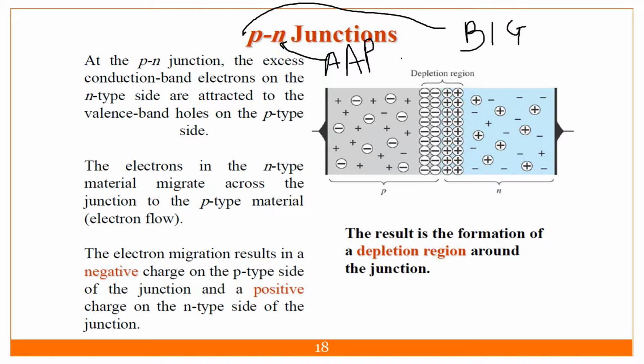In the P type, holes, which are positive charge particles, are there. And in the N type, electrons are there, because one valence electron becomes a free electron.